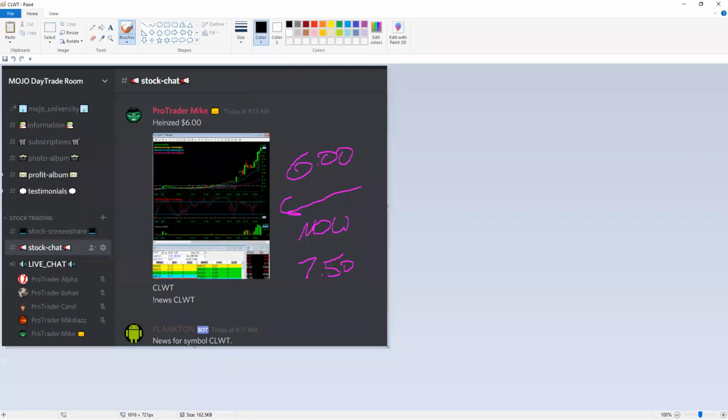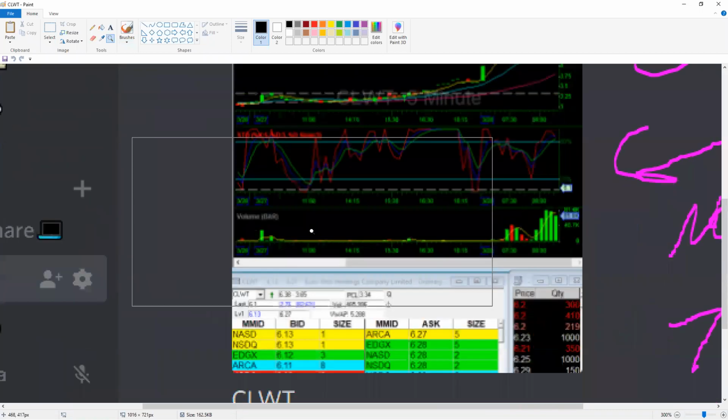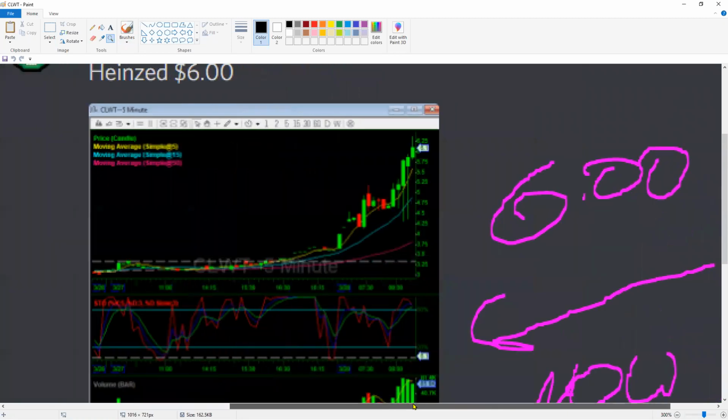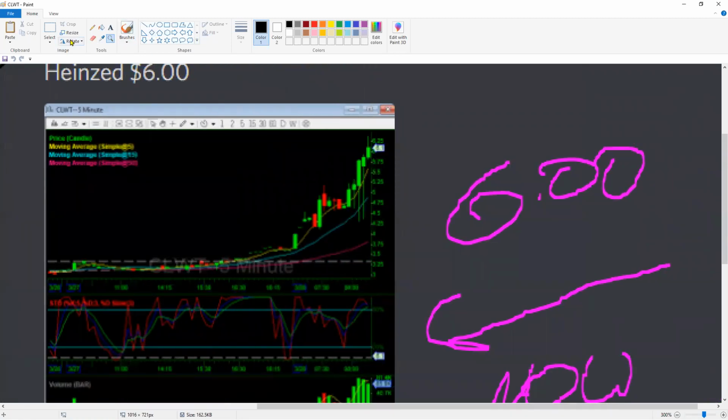How about this one? CLWT from 6 to 7.50 in the Mojo day trading room. Let's see. CLWT. So here's the move on the chart. This is $3.50.